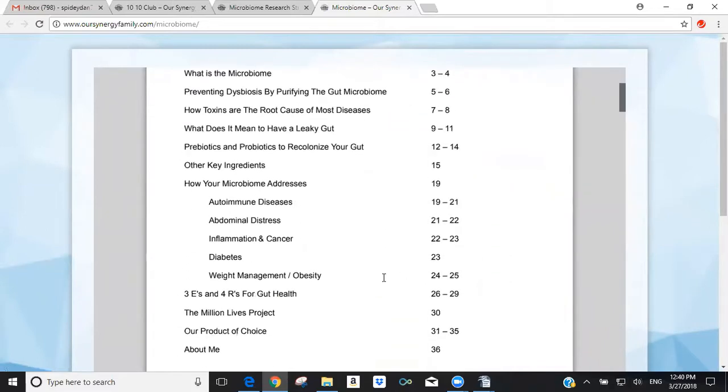And when you look at this, when we go down here to weight management obesity on pages 24 and 25, you'll understand that there's a classification of bacteria that causes you to either be lean or causes you to be overweight and obese. There's one classification of bacteria that is prominent in people who are lean, and another classification that is prominent in people who are overweight and obese.